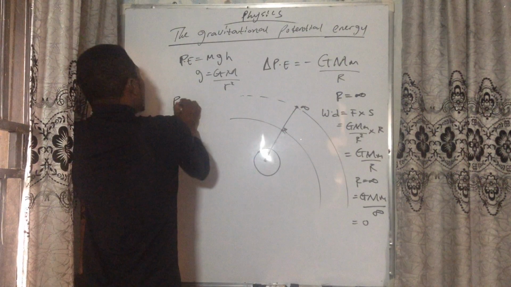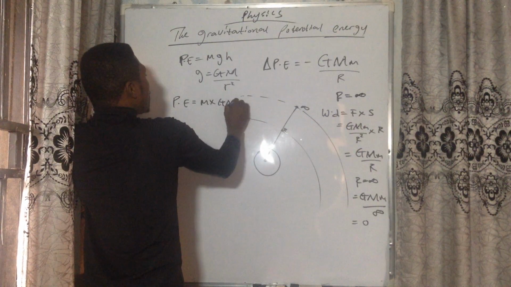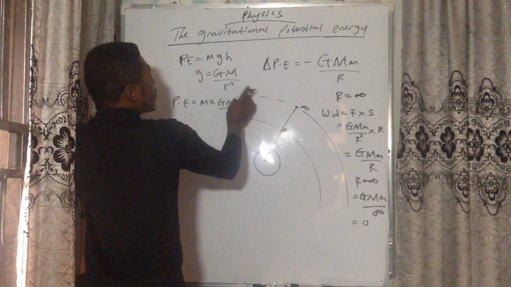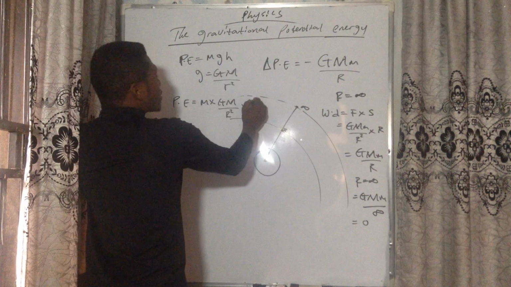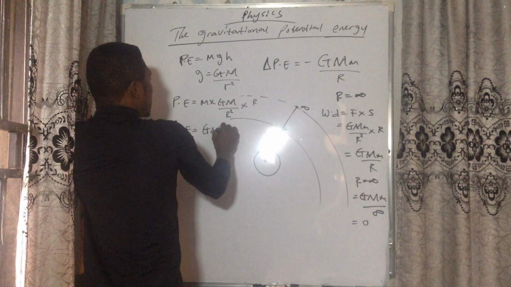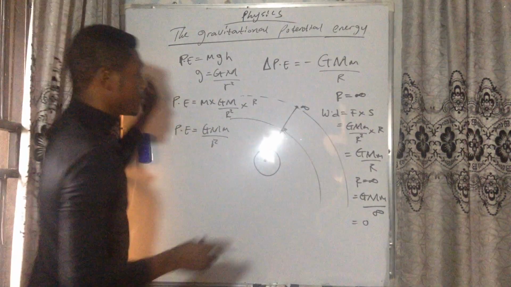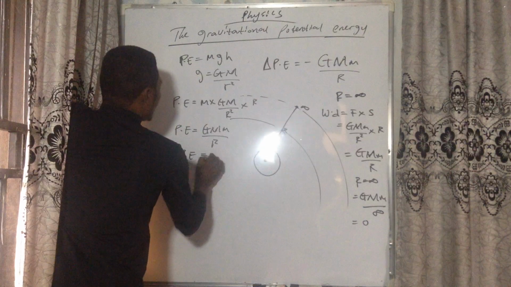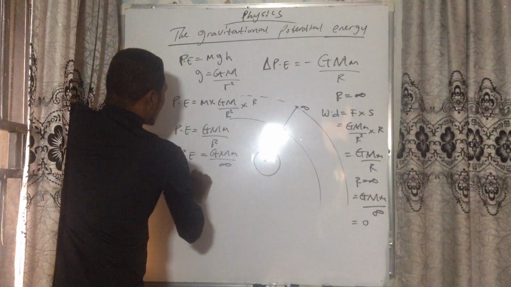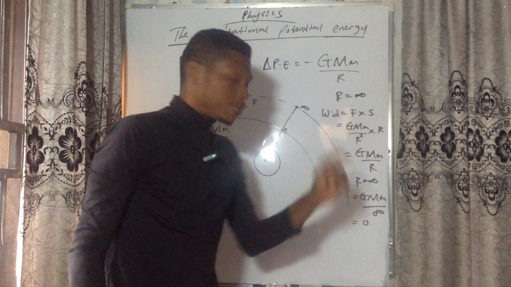So the first potential energy is m times GM over R squared, times R, which gives GMm over R. So if R is equal to infinity, PE is GMm over infinity, which is 0. Potential energy at infinity is 0.